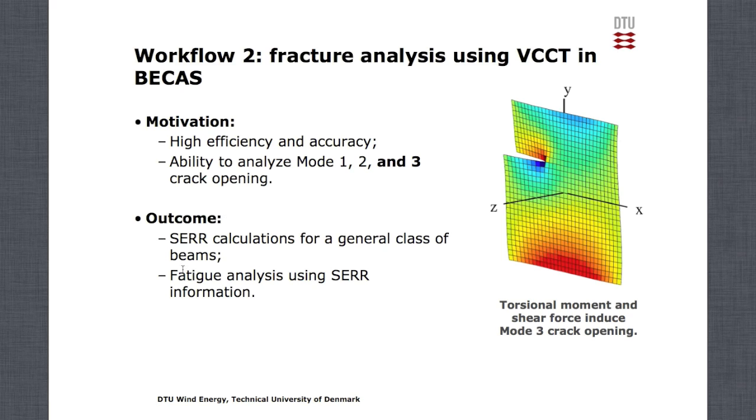So the outcome is strain energy release rate calculations for a general class of beams, so arbitrary geometries, independently of material anisotropy, and this gain in computational efficiency opens up the possibility of, for instance, doing fatigue analysis using strain energy release rate information.